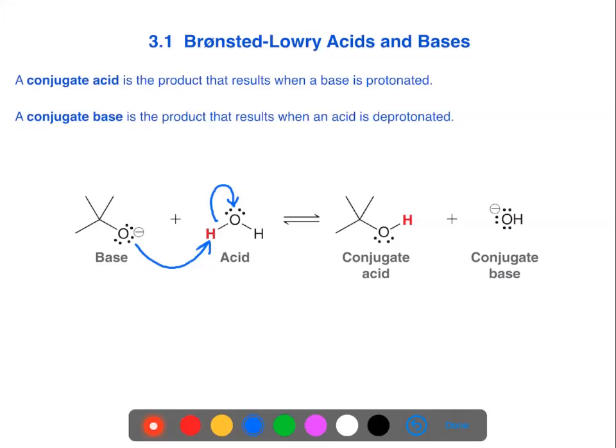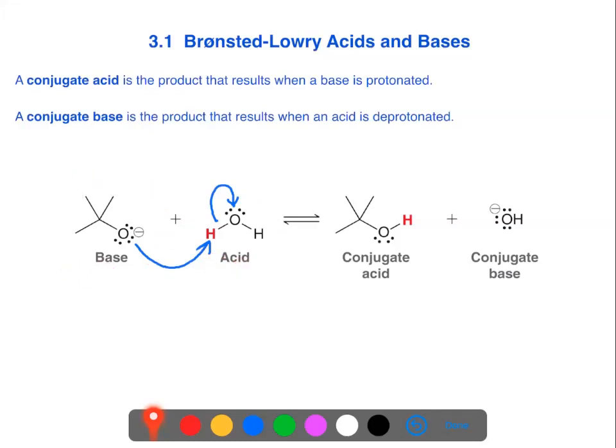Now, again, these curved arrows are representing electron flow, electron movement, and that is the basis for this formalism. The net change is the loss of a proton from water, which is accepted by the base.